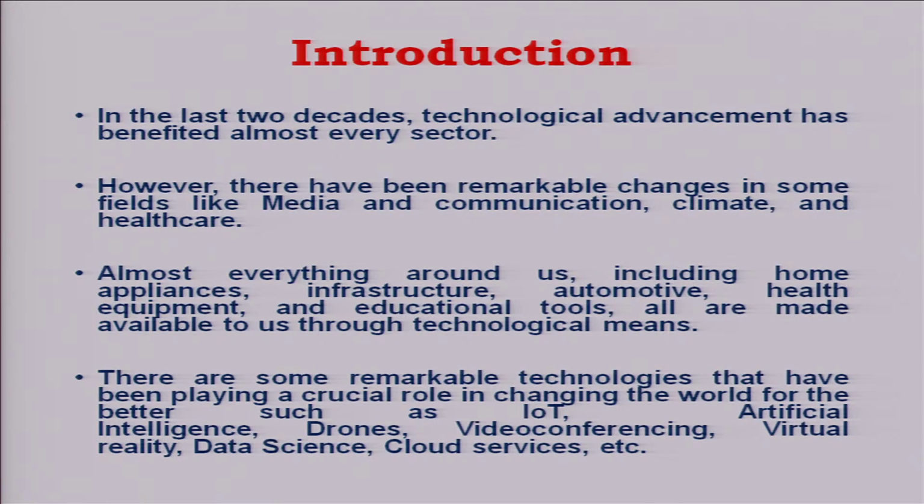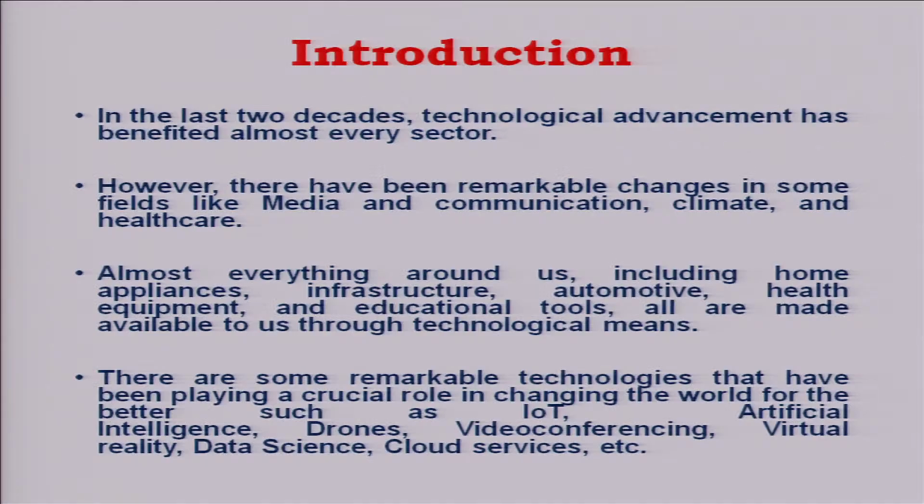Almost everything around us, including home appliances, infrastructure, automotive, healthcare equipment, and educational tools, is made available to us through technological means. There are some remarkable technologies playing an important role, like the Internet of Things, artificial intelligence, drones, video conferencing, virtual reality, data sciences, and cloud services. Now I would like to tell you how artificial intelligence and the Internet of Things are playing a very important role in the field of library and information science.